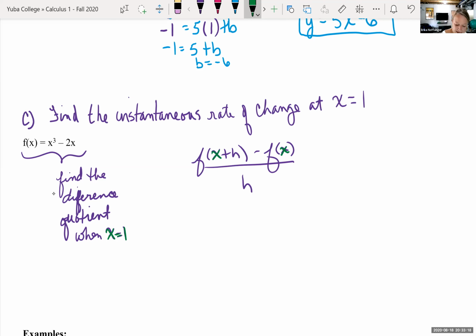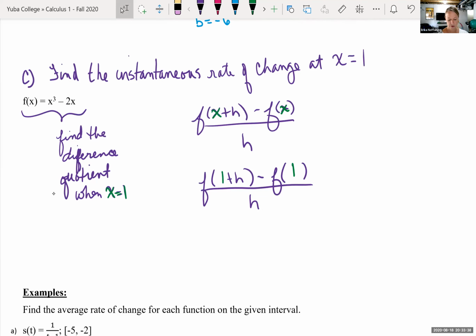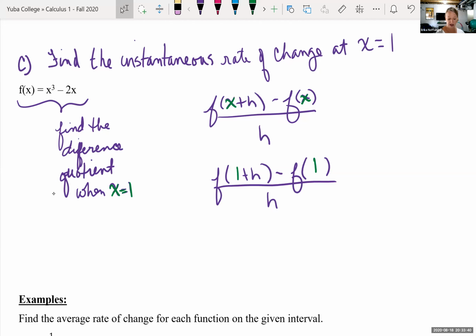So I'm going to go back in here and look at what is f of 1 plus h minus f of 1 all over h. So I don't get caught up plugging in an expression instead of a number, wherever you see an x, I'm going to leave a parentheses big enough to add in 1 plus h.